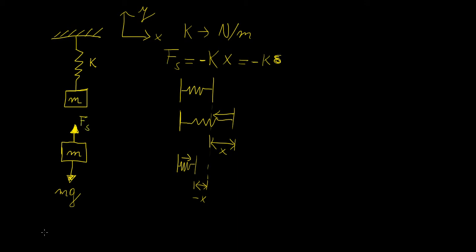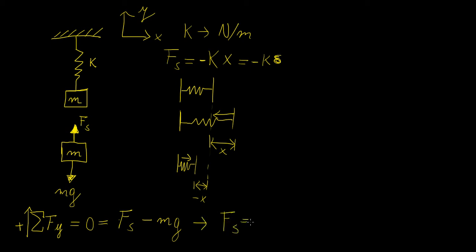Now if we draw this together, our equation of motion is going to look a little bit like this. We're going to have the sum of the forces in the y direction equal to 0, and now we're going to have our spring force, minus mg, such that our spring force is equal to mg, and we know that Fs is just going to be k delta.